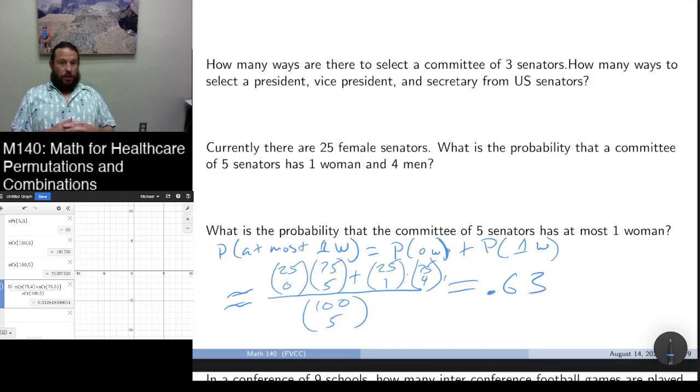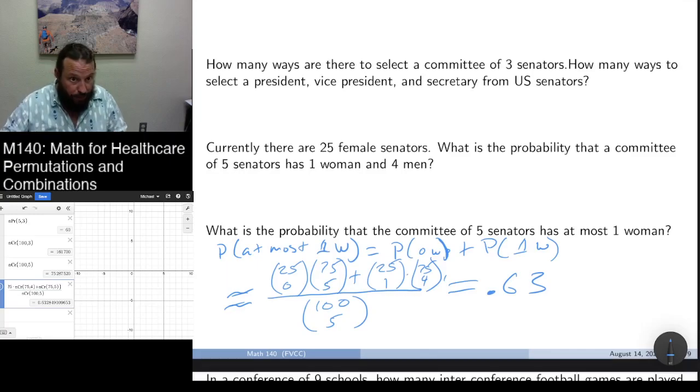Now, why may this be useful? Well, what we're going to move towards and want to start thinking about is that this is the probability if we just chose at random, right? So now someone may be wondering, let's say we got a committee with 1 woman on it. It's possible someone says, well, wait, were the people making the selection biased in choosing men instead of women?